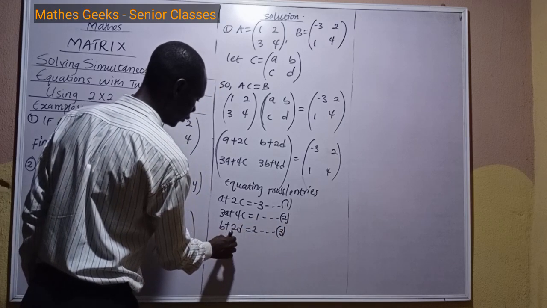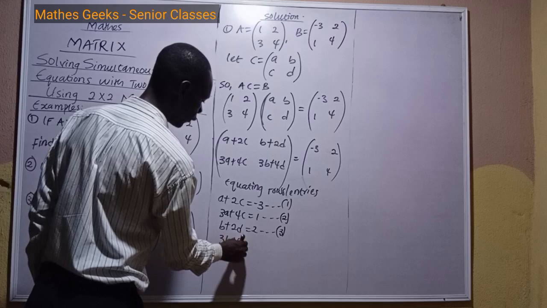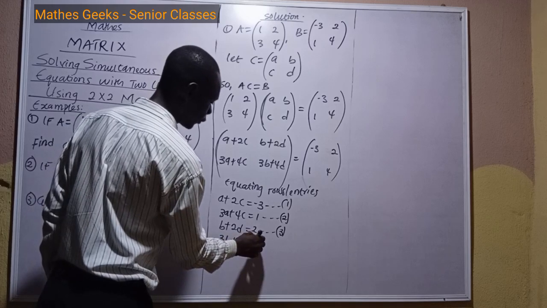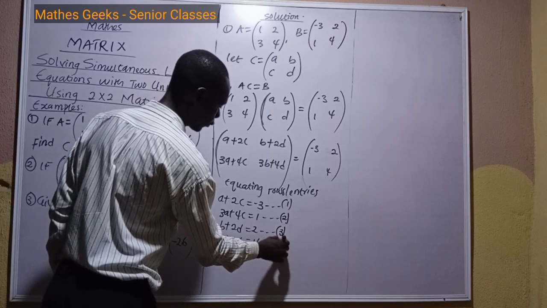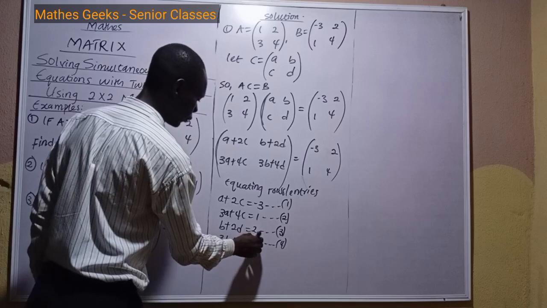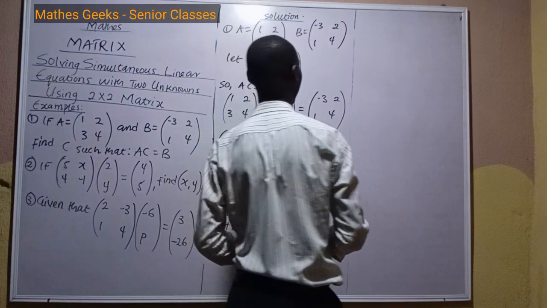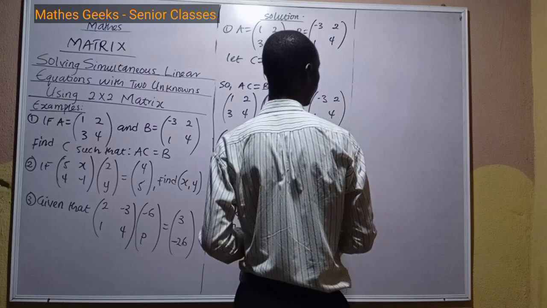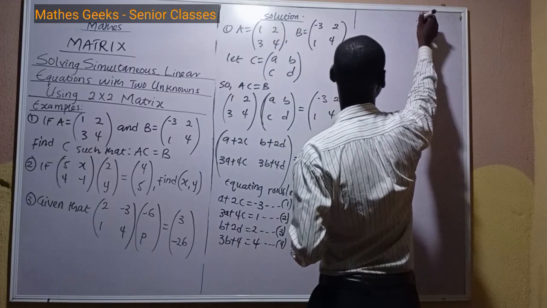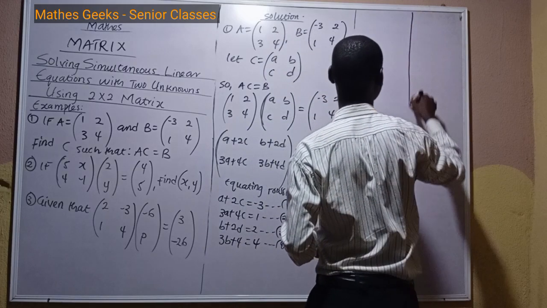And 3b plus 4d equals 4, equation 4. So what we're going to do next is solve simultaneously. Let me mark it here.